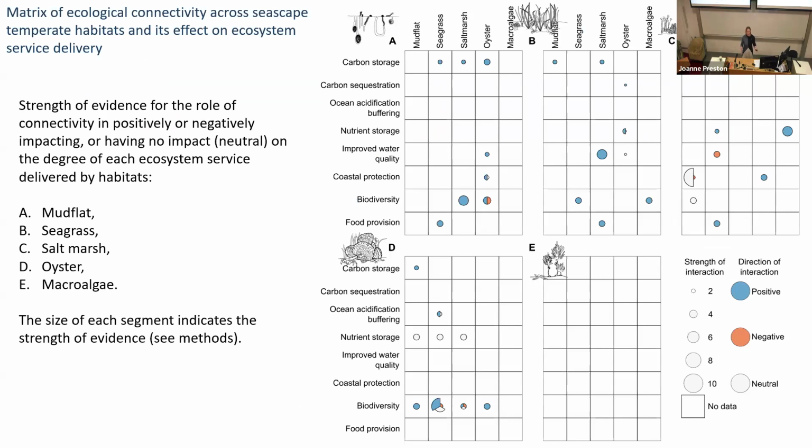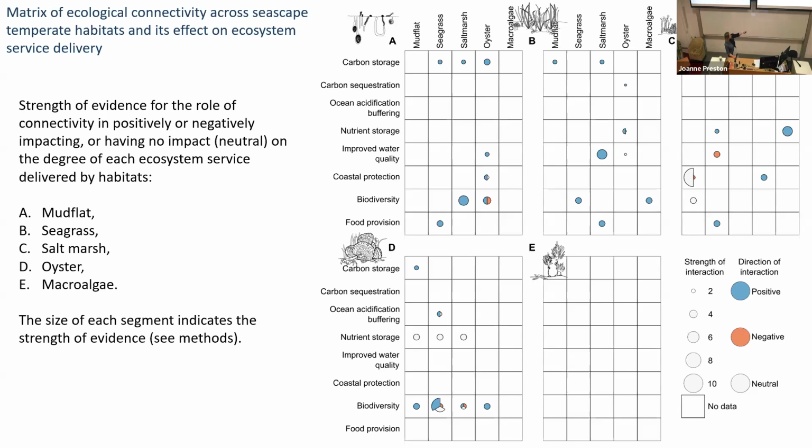So we started to gather these evidences of connectivity. What does this mean for ecosystem service delivery? We took a subset of all those studies where there was empirical evidence that connectivity enhanced ecosystem service delivery. And this matrix here shows a comparison of the individual habitats, mud, seagrass, salt marsh, oyster reefs, and kelp, compared to the others, and whether connectivity has evidence in increasing ecosystem service delivery.